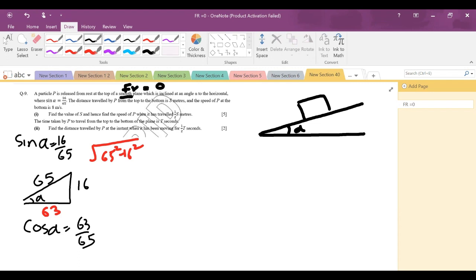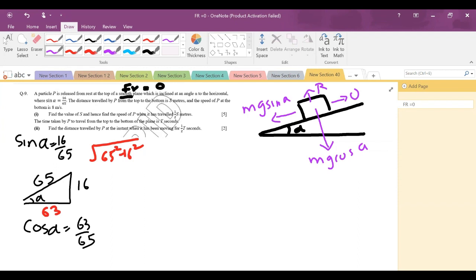Okay, let's break down the components as well. This is going to be mg cos alpha, and remember cos alpha हम find कर चुके हैं. This is going to be mg sin alpha. This is going to be r, what else? Okay, so no forward forces mentioned, it's going to be 0.